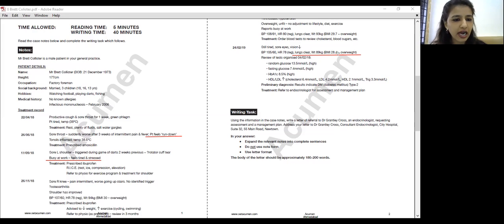So as a GP, I had all these visits, and if you want to prove that it is diabetes, you would also go on to mention how frequently he got the infection. Like here, it was productive cough that is indicating infection. Here, sore throat is indicating infection. Underlying diabetes can make them prone to get rotator cuff tear. So all this seems to be, in a way, some sort of very vague symptoms of diabetes that we had.